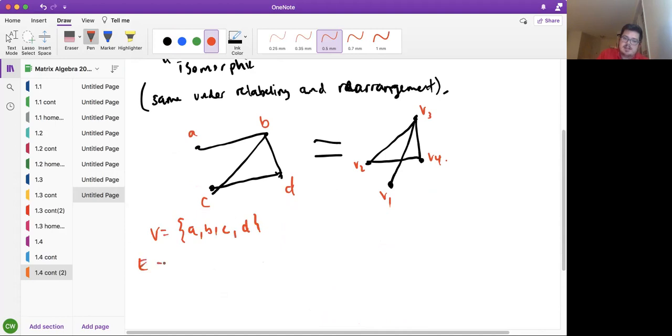And the edge set is, can someone tell me the edge set on the left? Yeah, AB is an edge. BC is an edge. BD and CD.